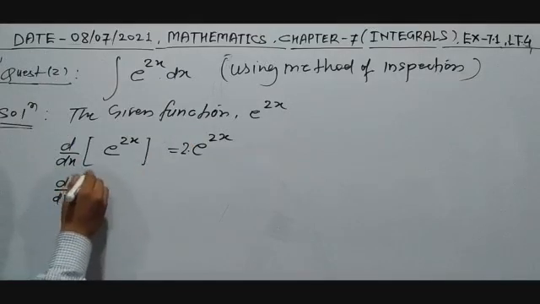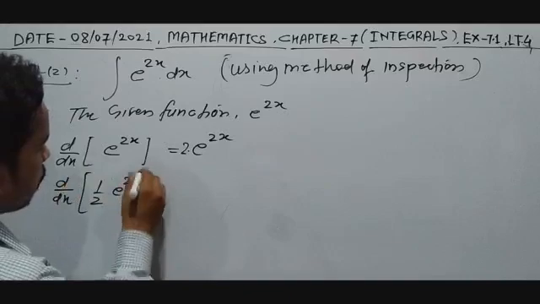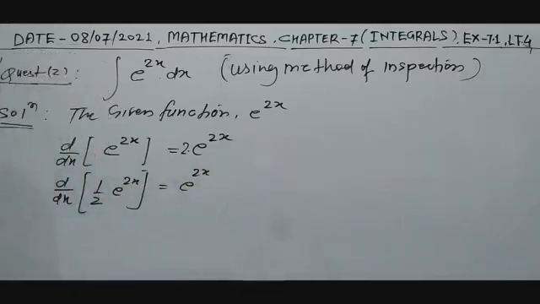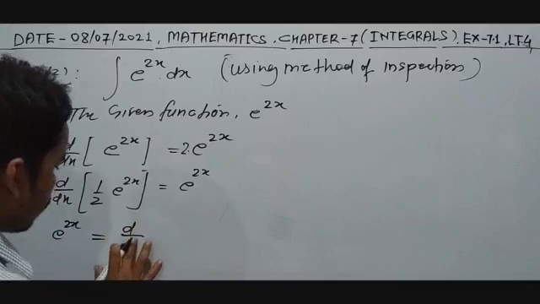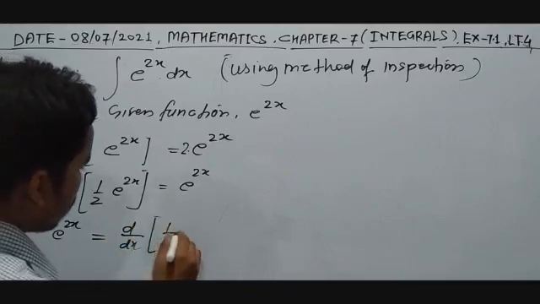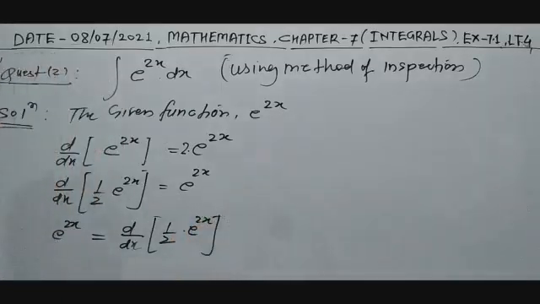So d by dx of 1 by 2 e to the power 2x can be written as e to the power 2x. Now these steps can be interchanged. e to the power 2x can be written as d by dx of 1 by 2 e to the power 2x.